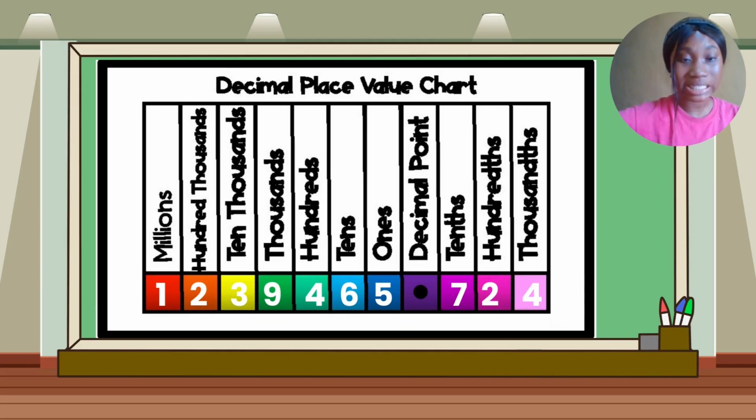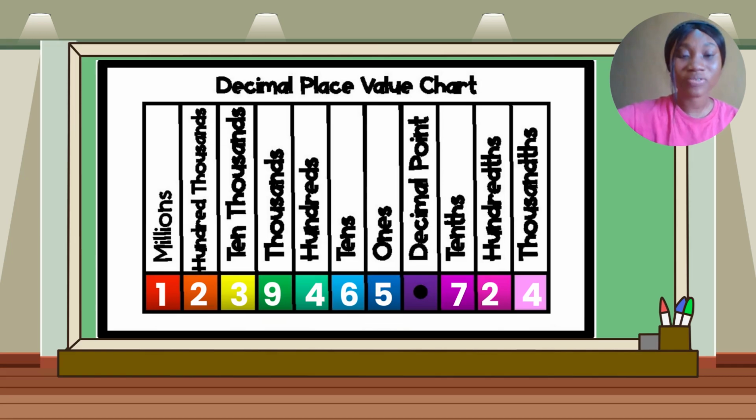In my tenths position, I have 7. That is going to be 7 over 10, okay, and that is 0.7. Then in my hundredths position, I have 2. So 2 all over 100, or 0.02. Then for my thousandths position, I have 4. So 4 over 1,000, or 0.004.